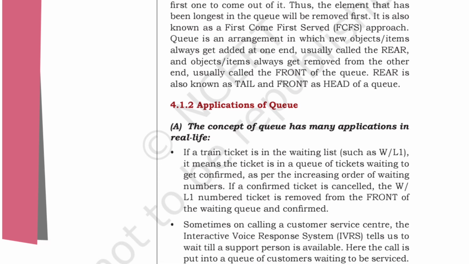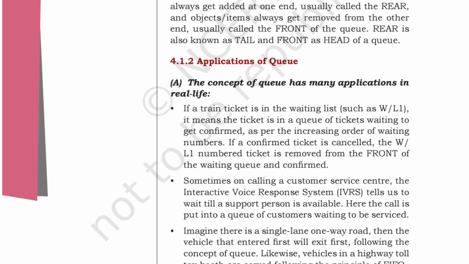Then applications of queue. The concept of queue has many applications in real life. If a train ticket is in the waiting list, it means the ticket is in a queue of tickets waiting to get confirmed. So that is the RAC concept. You already know this, it is a waiting list as per the increasing order of waiting numbers.